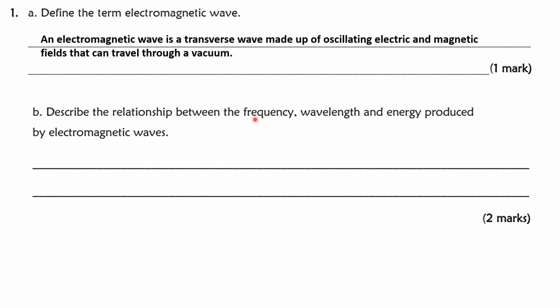So the first relationship is between frequency and wavelength. I believe you are familiar with the equation v equals f times lambda, or speed of a wave is equal to the frequency of a wave multiplied by its wavelength.